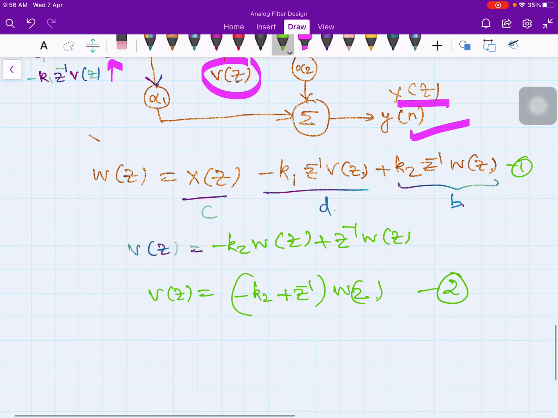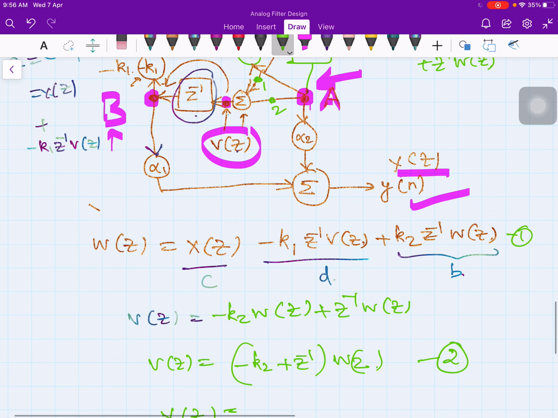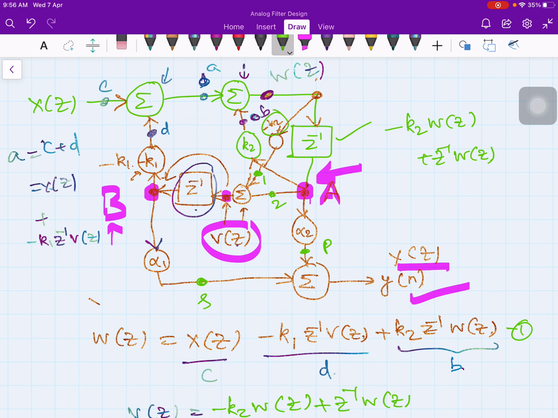Now what is y of z? See, y of z contains again two parallel paths. Let's say this point is S and this point is P. At point P, P is the output of multiplier alpha 2. What is the input to the multiplier? W of z delayed by one sample. So therefore at point P, alpha 2 multiplied by one delay and then w of z.